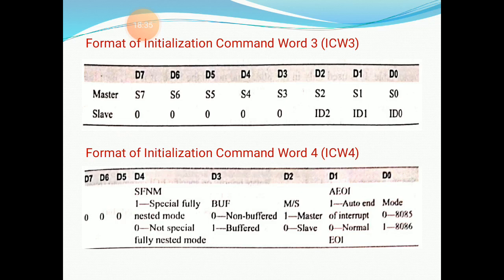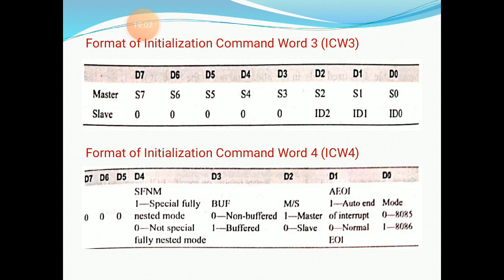If the IC is used as a master device, these 8 bits D0 to D7 indicate the slave devices' information. That is, in cascaded mode, 8 ICs 8259 are connected to a single 8259, which can allow 64 interrupt requests.